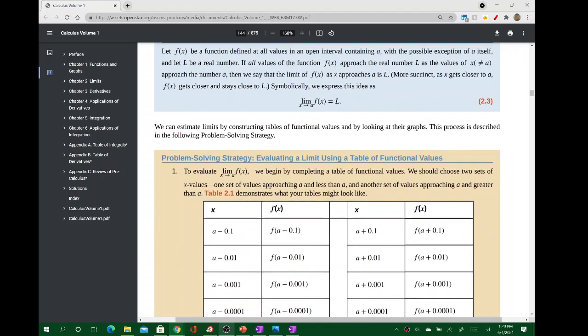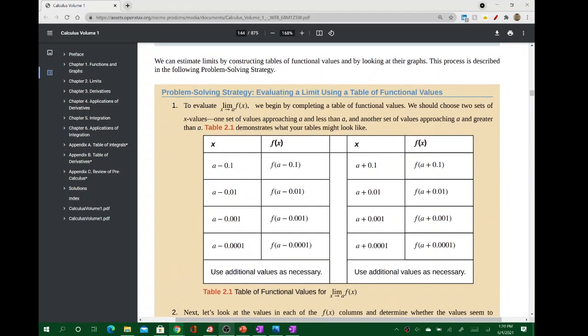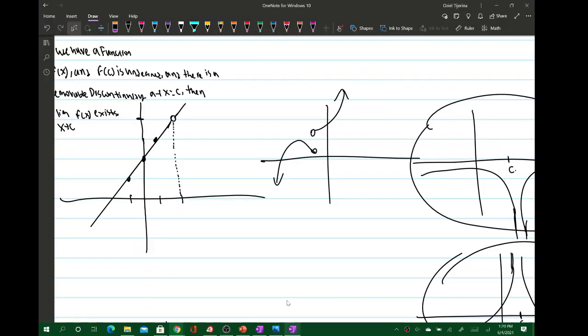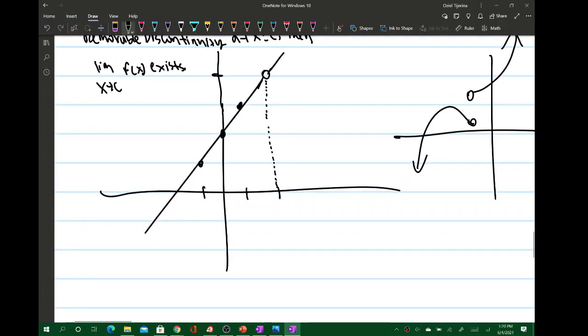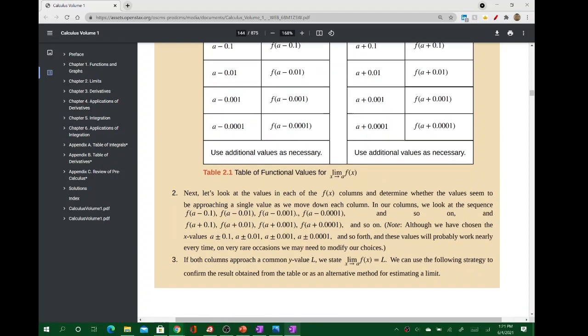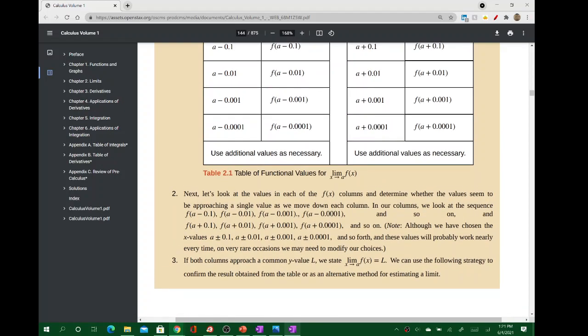So basically, that's what this means. Basically this is L and this is A. This means that the limit as x approaches c of f of x will be L. Even if the value L does not exist for the function, if that makes sense, right?